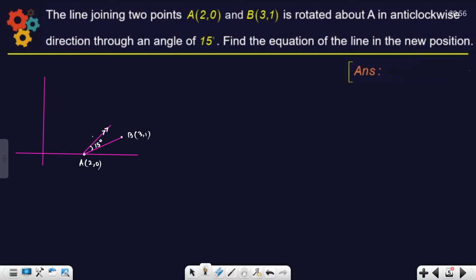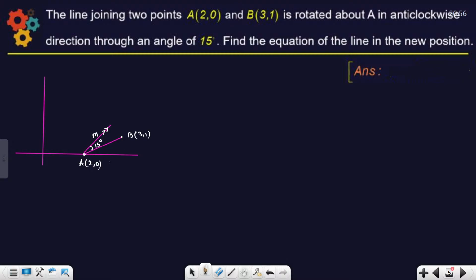Then you take the slope of this line BM, and apply the formula for the angle between two lines to get the value of m. This is one way of doing the sum, but it will take a long time.